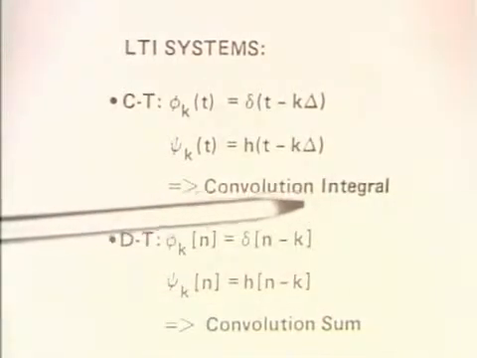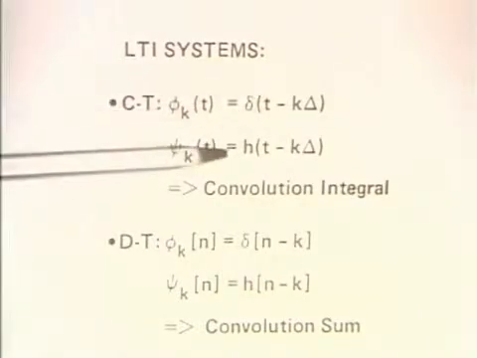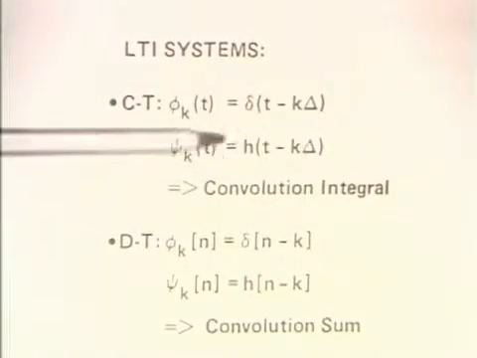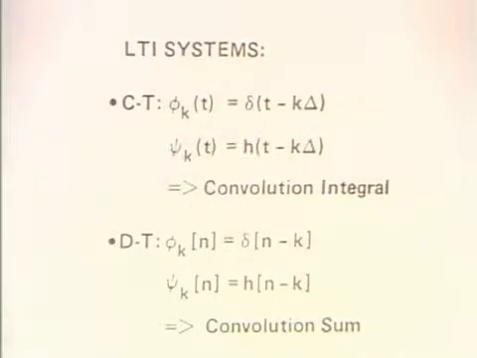And in the continuous time case, a similar kind of decomposition in terms of impulses and associated representation of the output in terms of the impulse response led to the convolution integral.